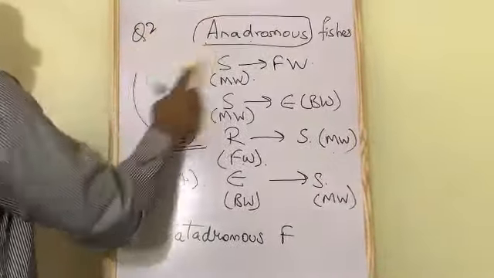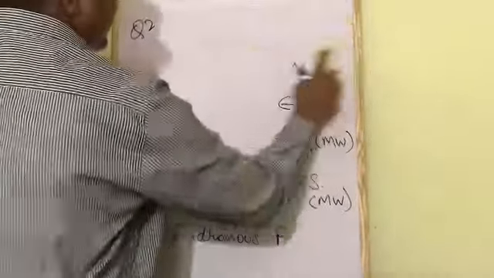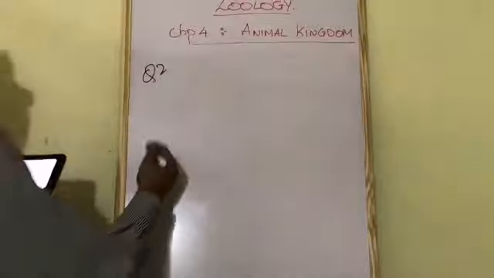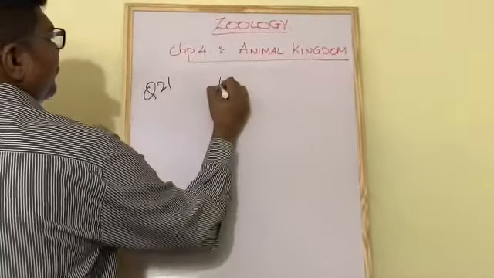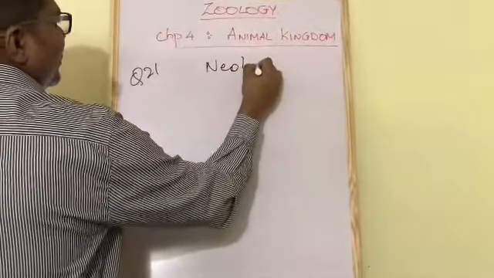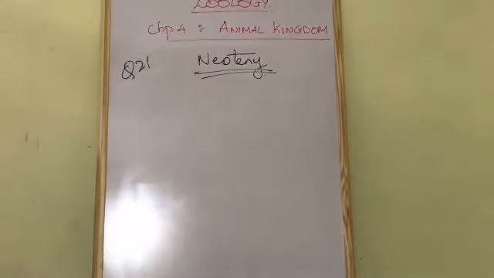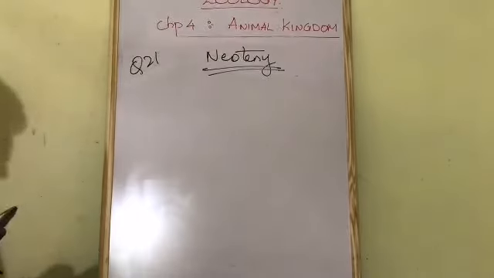Next we will go for question number 21. Quickly, we will have one glance at question number 21. It talks about neoteny. I hope you know that neoteny is the existence of ancestral characters in the organism.